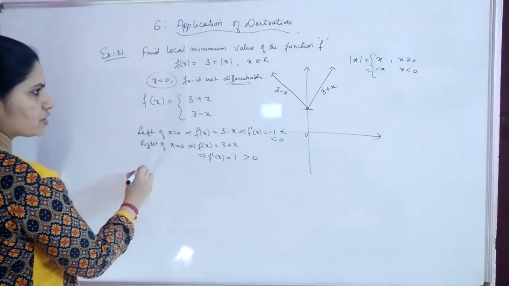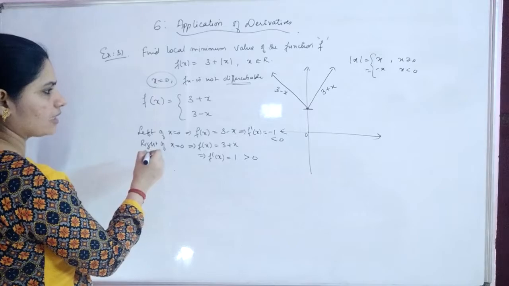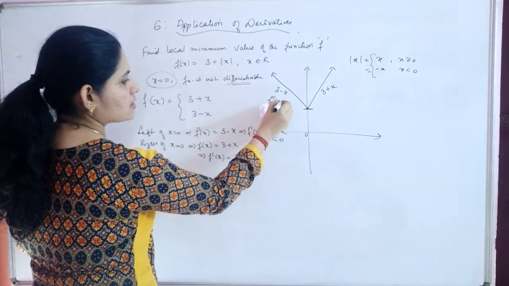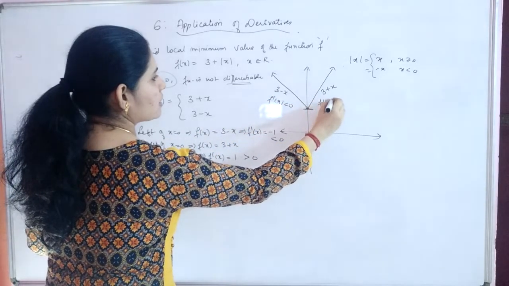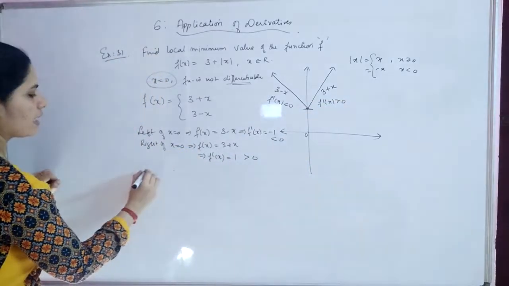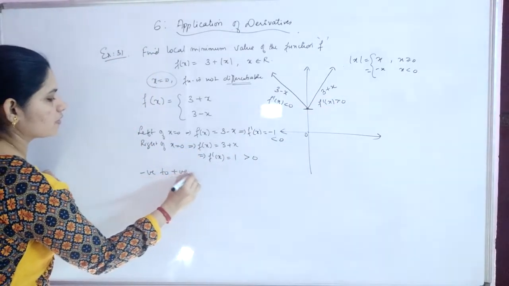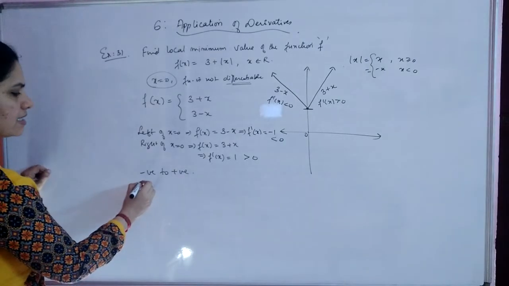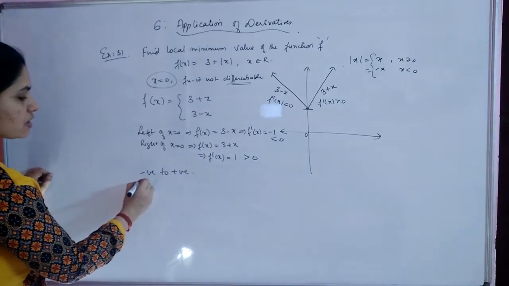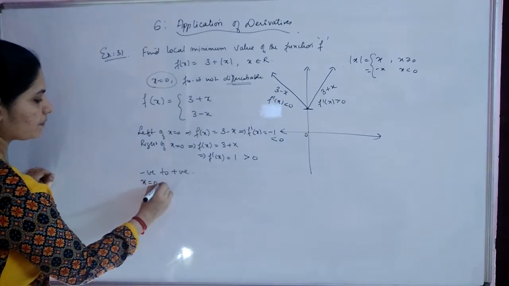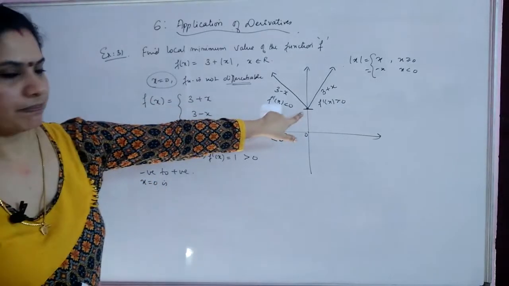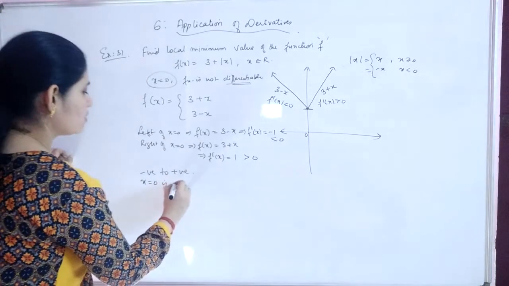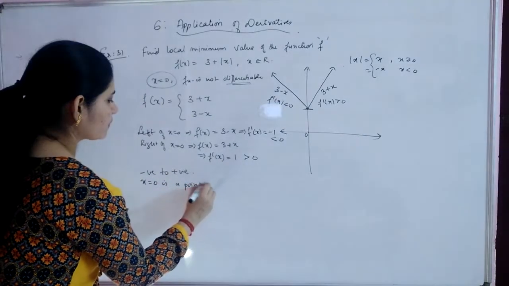So from left to right, f dash of x goes from less than 0 to greater than 0, that is, from negative to positive. This means the function has a local minimum, so x equal to 0 is a point of local minima.